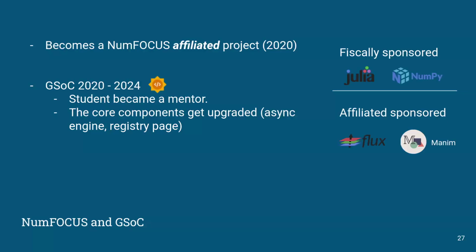And moving to non-technical decisions. We joined NumFOCUS as an affiliated project from 2020. And you may not know that Julia is actually also a project under NumFOCUS, but it is a fiscally sponsored project, which means that NumFOCUS also provides legal support to this kind of project.